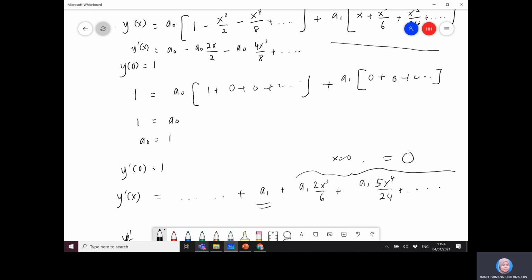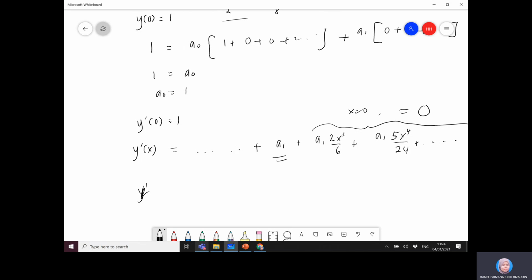So I still have this value of a0 here, right? No, here we don't have. Okay, I just wanted to double confirm. So we don't have to concern ourselves with the value of a0 here because everything will vanish at the differentiation of the a0 terms. So then we put 1 when x equals 0, 1 equals a1. So then a1 is equal to 1 also.